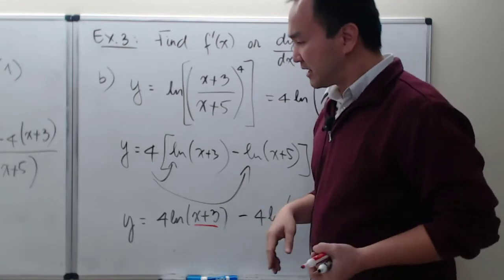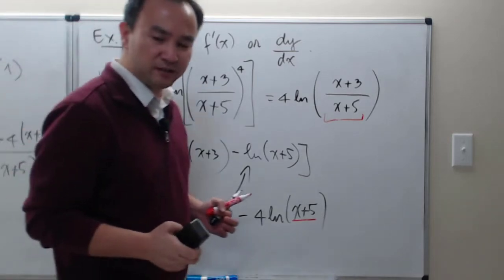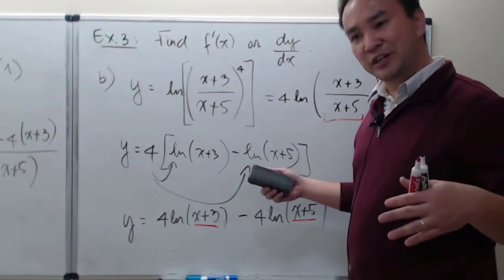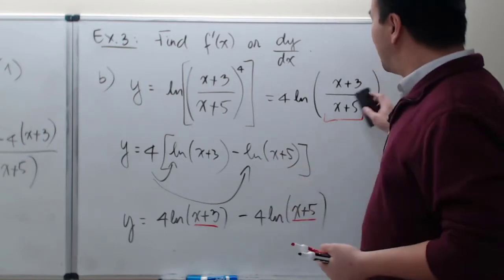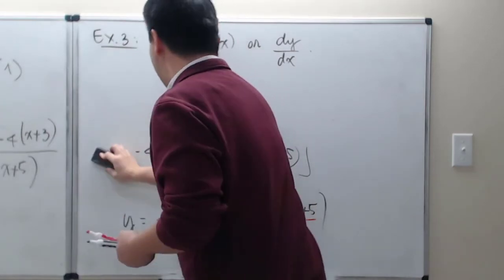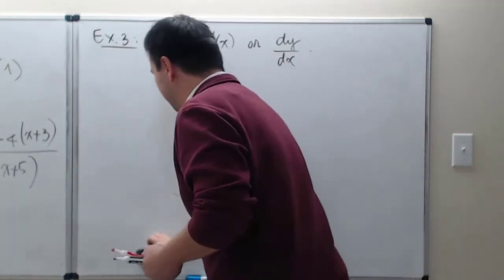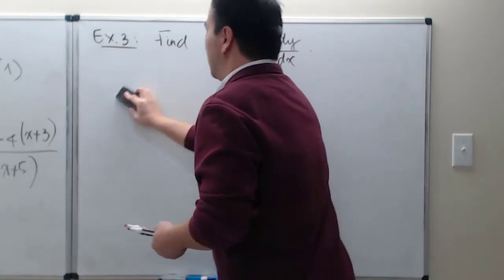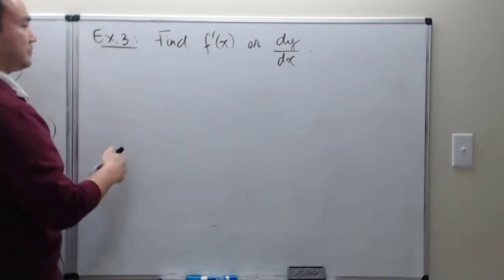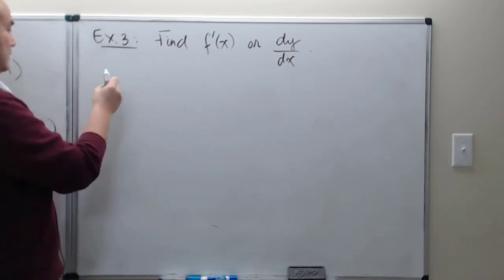So let's look at another problem. I purposely brought up this example 3 so that as you learn through these examples, you review for yourself a little bit more about the algebra properties of logarithms. So now let's say we have something like this.